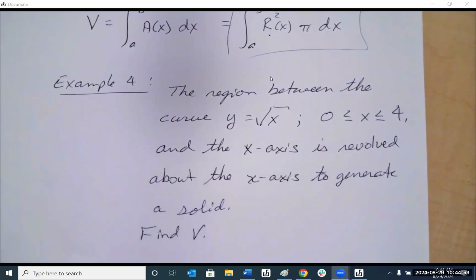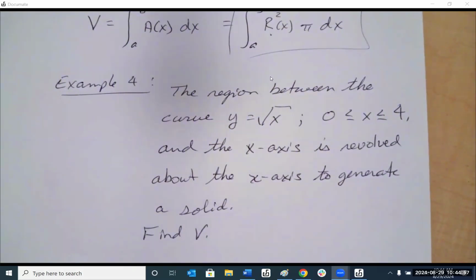Find the volume. So the region between the curve y equals square root of x from 0 to 4 and the x-axis is revolved about the x-axis to generate a solid.